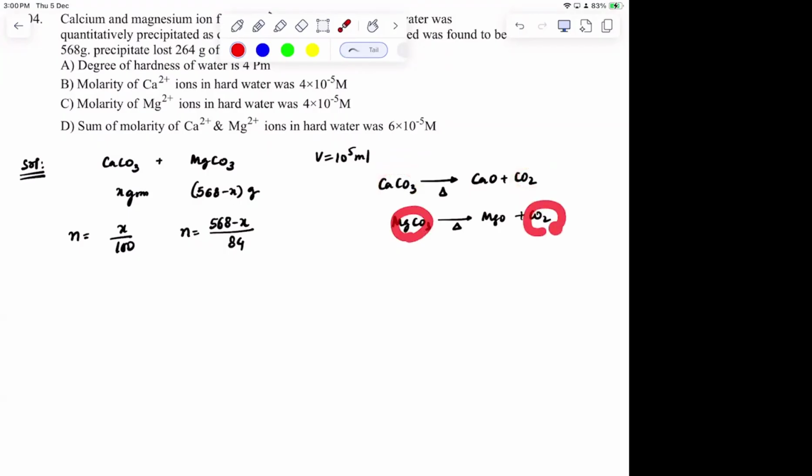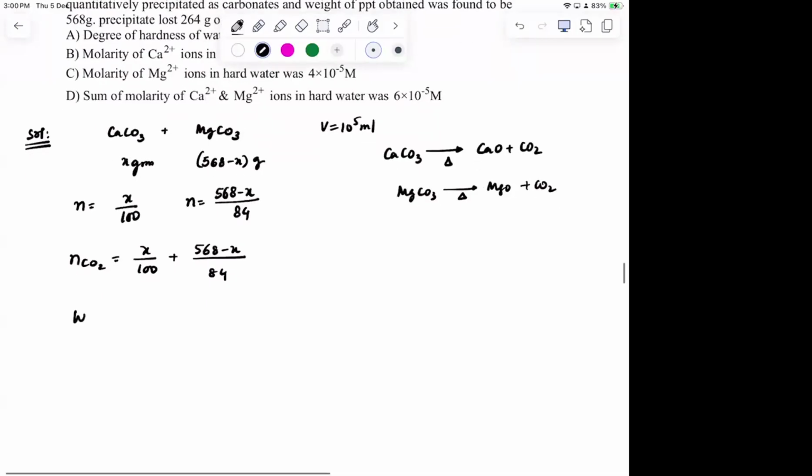So the number of moles of carbon dioxide will be equal to x by 100 plus 568 minus x by 84. So the weight of carbon dioxide will be x by 100 plus 568 minus x by 84, into 44, which is the molar mass. And that should be equal to 264. That is what has been given to us.